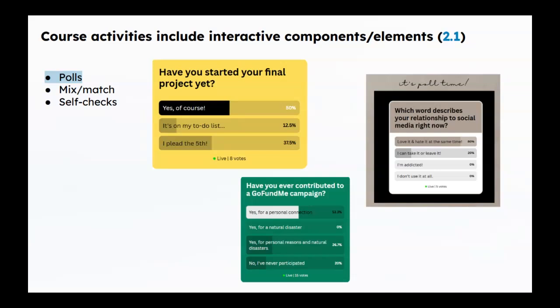These are just small ways to connect with students. They can see how their peers have responded. And then sometimes in my weekly recap emails, I'll reference this and say, hey, according to what I saw on the poll this week, half of you haven't started your final project yet, get on it. So again, they're just small, informal, interactive components.